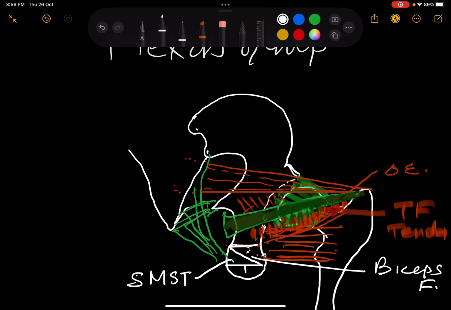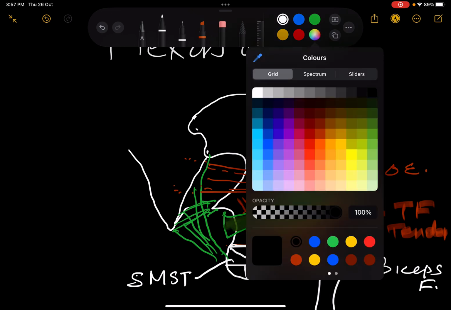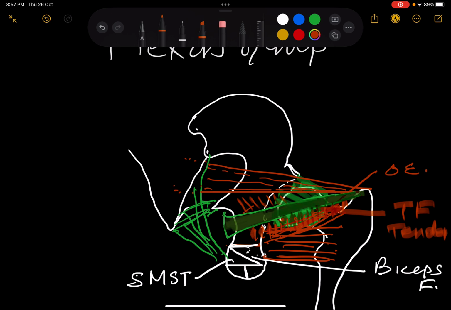The lower triangular portion is divided into an outer and inner half. From the outer half arises the adductor magnus, and this adductor magnus is attached to the linea aspera here. So you can see this adductor magnus like this.